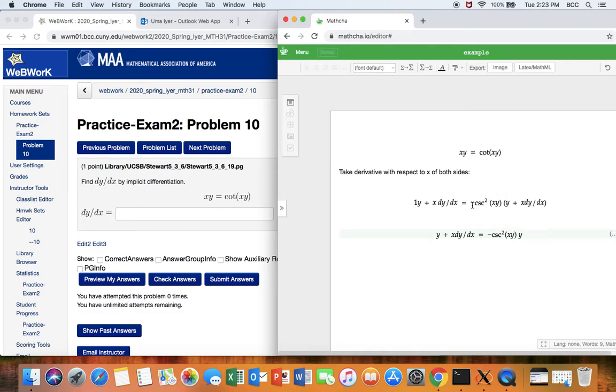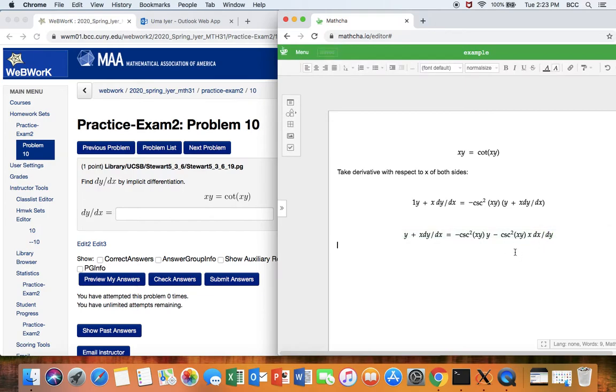The second product, negative times a positive is a negative cosecant squared xy multiplies to x dy dx. Okay, now that's looking more promising. So let's try getting the dy dx together, right? So why do I have a dx dy? It should be a dy dx. All right, dy dx.